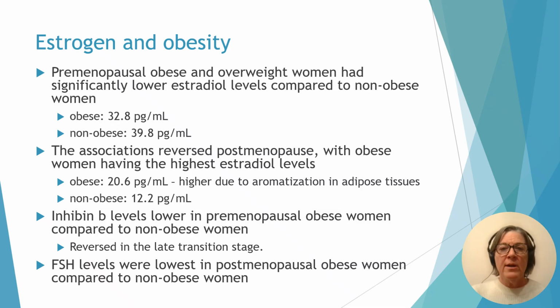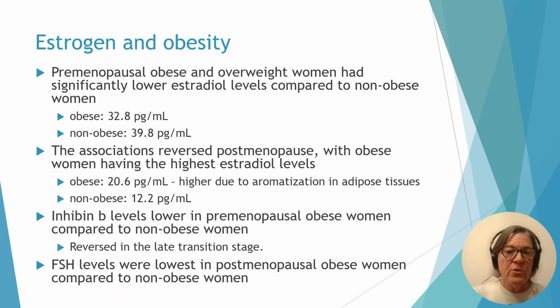I just wanted to put in a quick note about estrogen and obesity. We're going to have an entire other lecture on weight management and weight gain during menopause and lots of interesting stuff about that. But I just want to say in this context that when women are obese or overweight, they tend to have lower estrogen levels premenopausally, but higher estrogen levels postmenopausally.